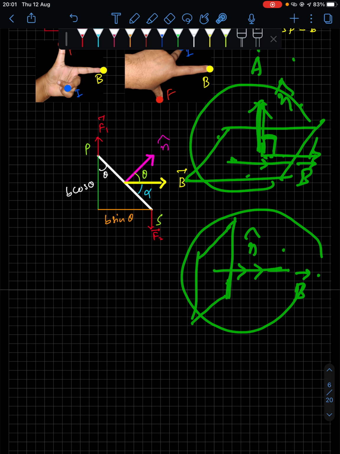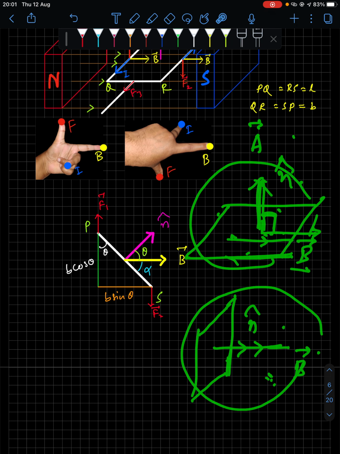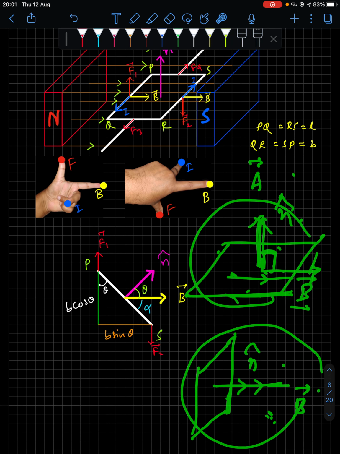So when the plane is lying parallel to magnetic field, then area vector is perpendicular to magnetic field. When the plane is lying perpendicular to magnetic field, then the area vector is lying parallel to magnetic field. I hope that part is clear.